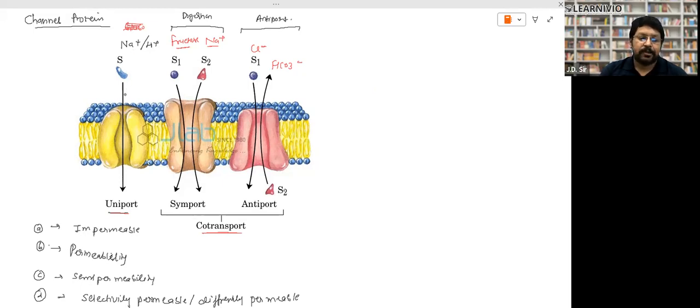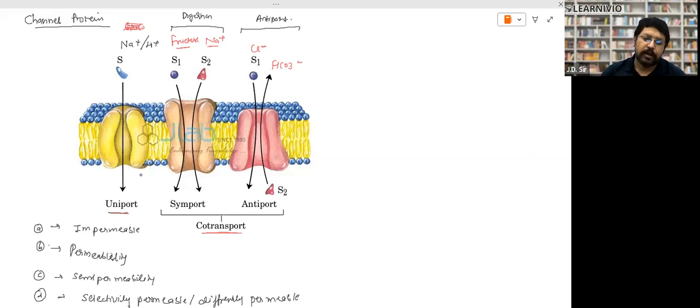Suppose this is a channel protein; there are hydrogen channels, which will transport only hydrogen at one time, or sodium channels, which will transport only sodium ions. So this is called uniport, either inside or outside, in any direction, only one type of ion can be transported.